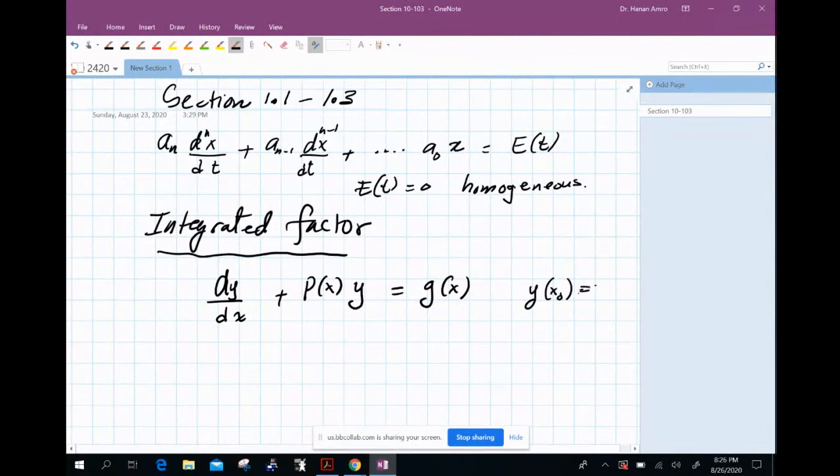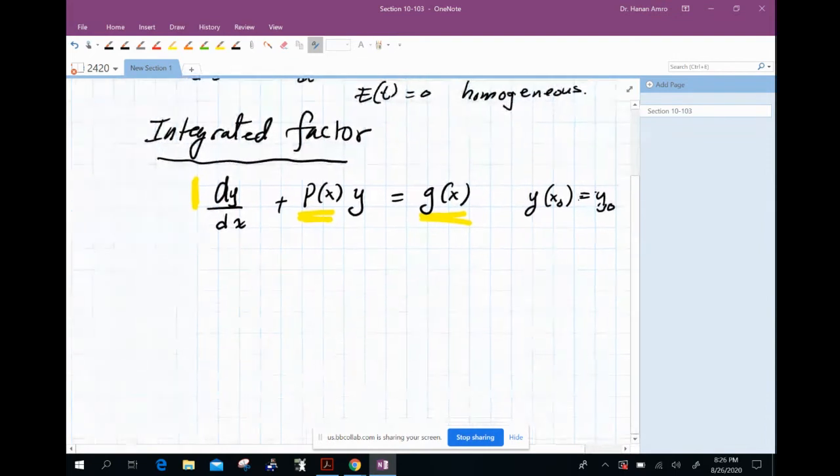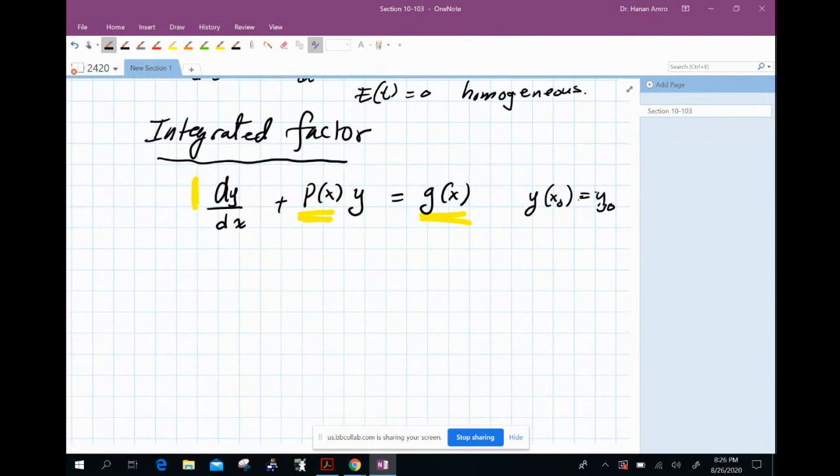So if we have this situation, let me highlight the important thing for us: the b of x and this one. And this number right here, I'm worried about that all the time. I want it to be 1. So if we have what we call a first degree differential equation, then we're going to look at u of t, which is what we call the integrating factor.